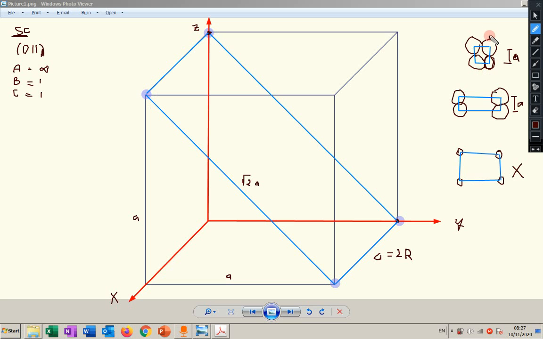So it's not going to be this case, because here it's also A, which is 2r. So which one will it be? This is the representation of the atoms in the plane. Look, this side is A, and this is going to be root 2 A.